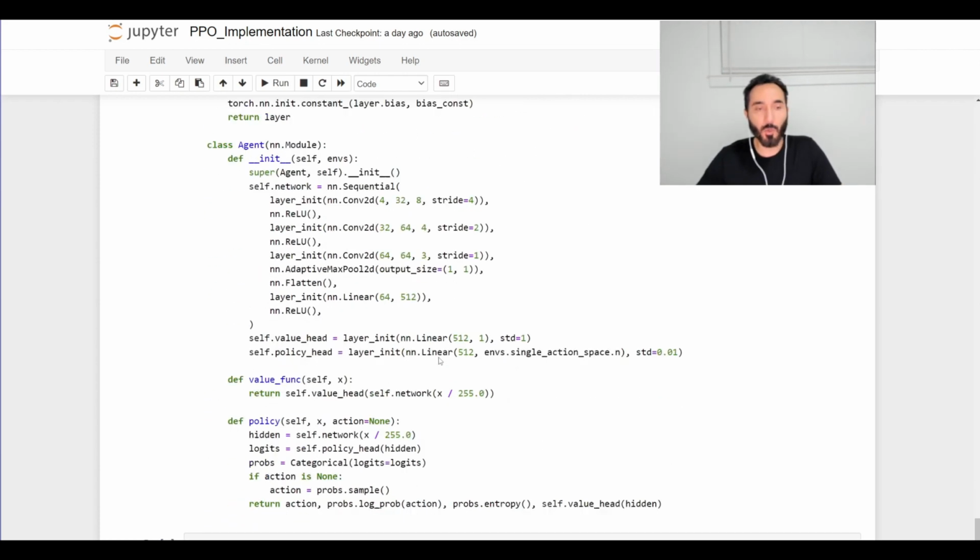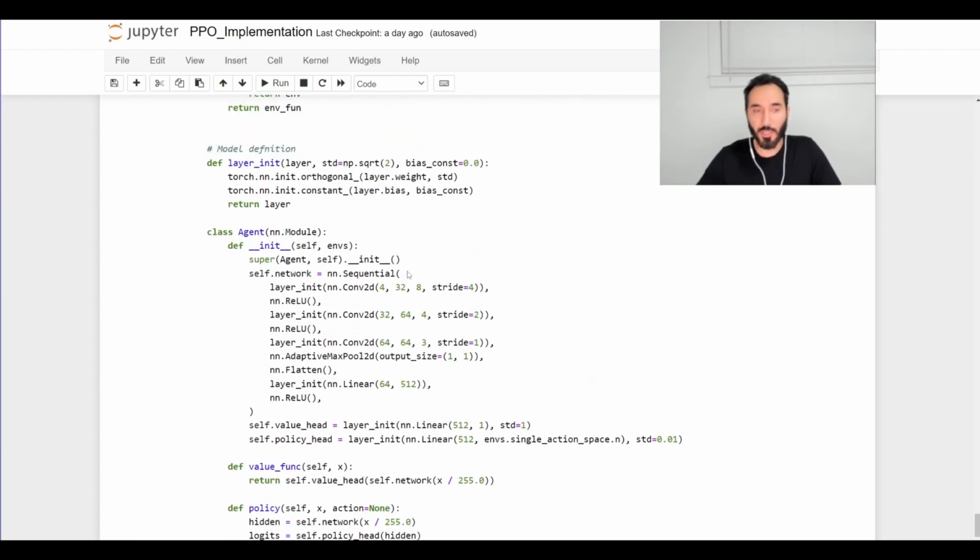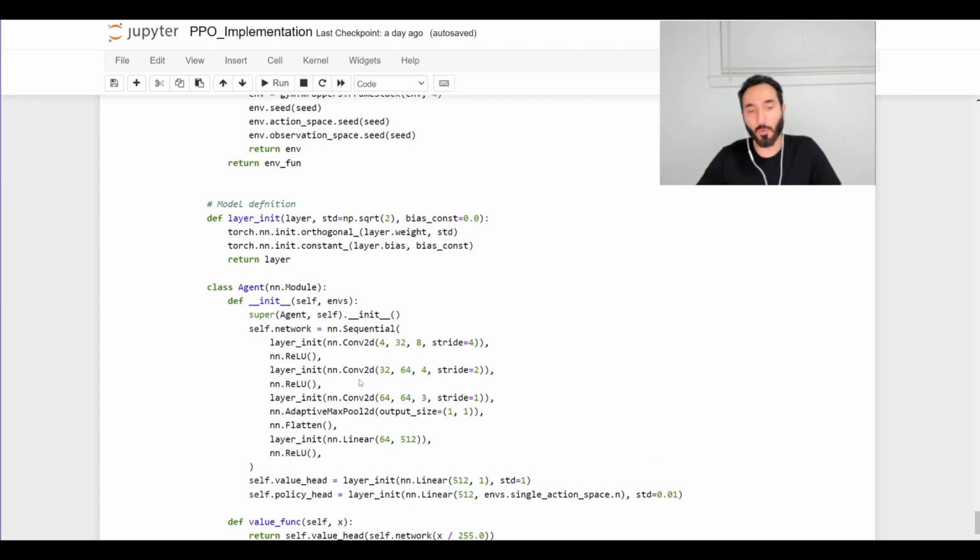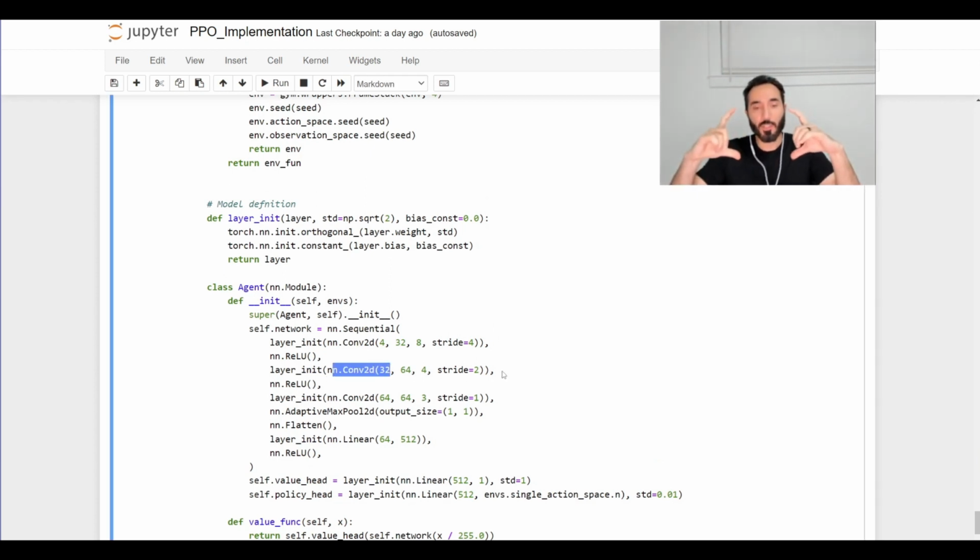And also some model definition that should be changed according to that game, because we are going to actually use a convolutional layer, because we're going to look at the images created by that game, and then the RL model, similar to a human, is going to observe those images and try to understand what the correct action is.